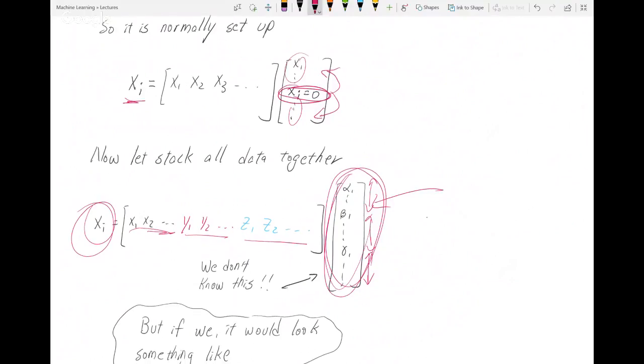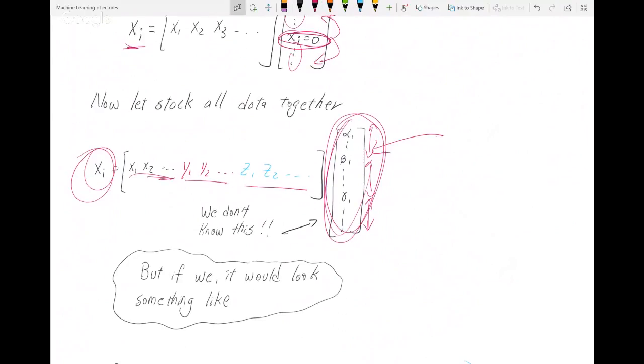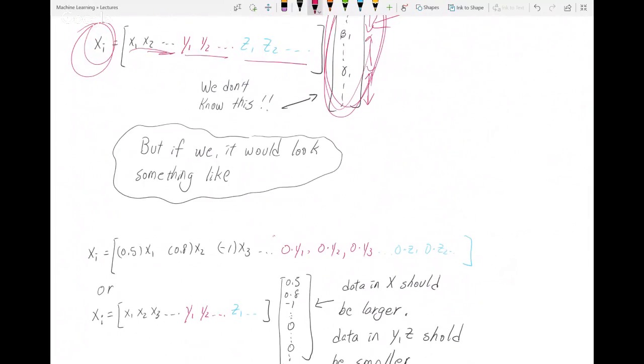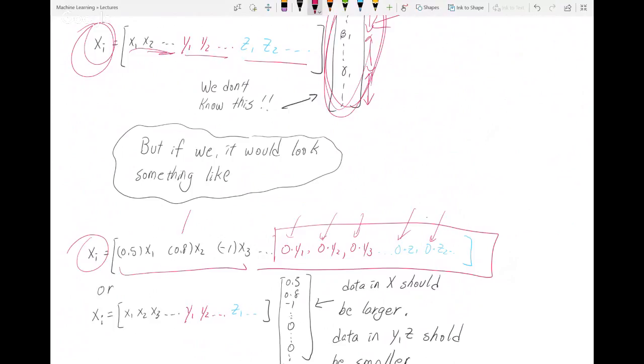But if we were to know it, we can imagine it would be something like this, where we're trying to recreate xi. Therefore, for y and z, they should all be 0. This is where the weights are.